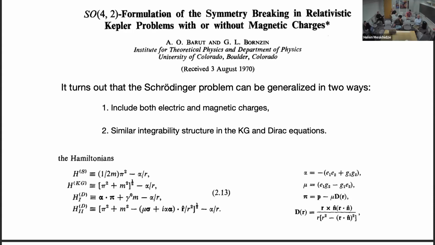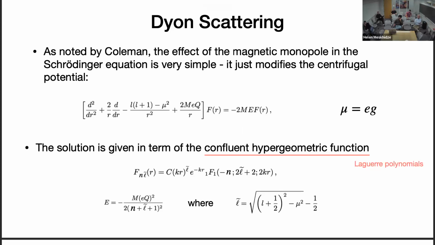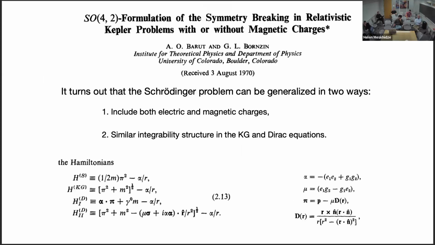But this is a family of problems that are all integrable and can essentially boil down to the harmonic oscillator. Notice this combination of the electric and magnetic charges that appears here. I will come back to it soon and explain its origin.